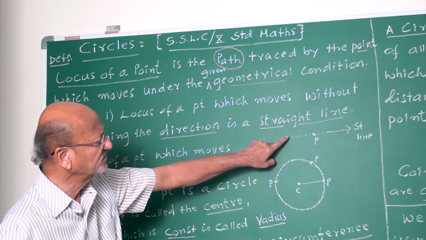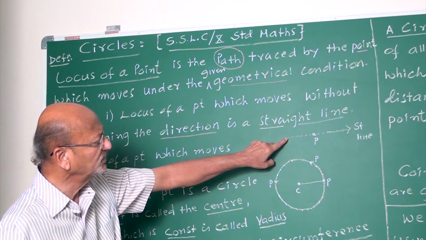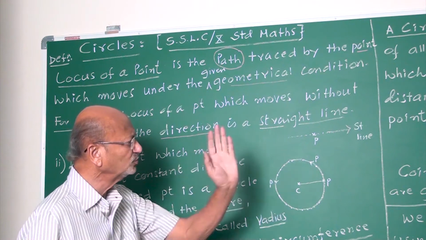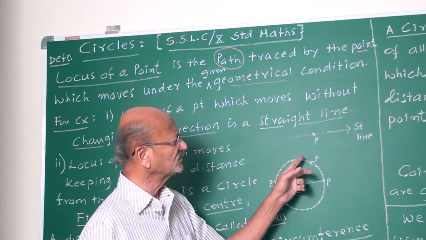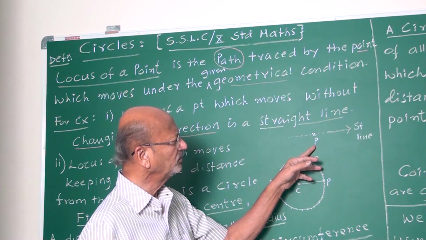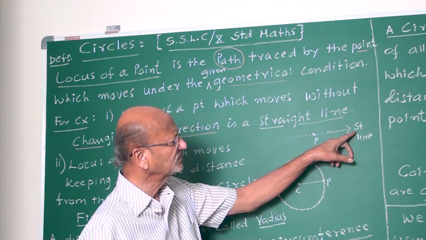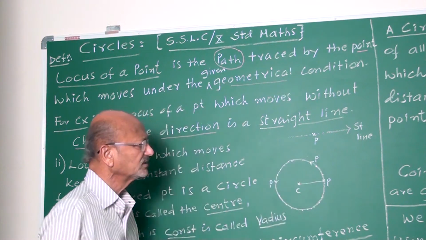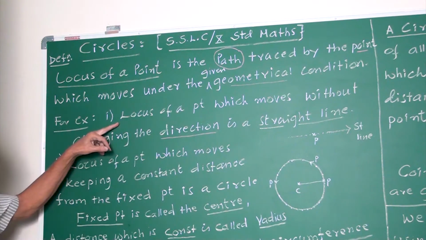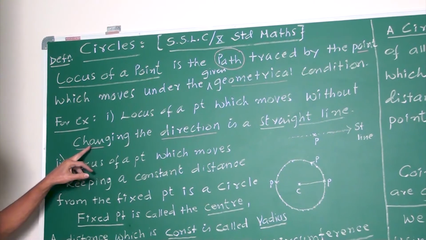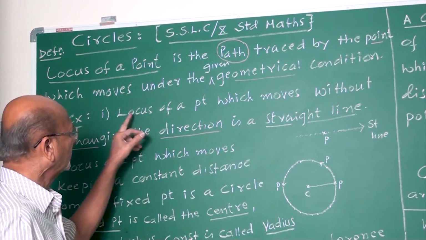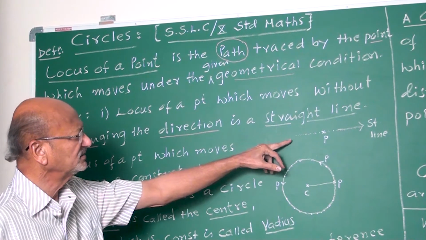Here the point P is moving without changing the direction, which means it is moving straight. If it moves straight, then the path traced by the moving point P is known as a straight line. That is the definition of a straight line. The locus of a point which moves without changing the direction is a straight line.